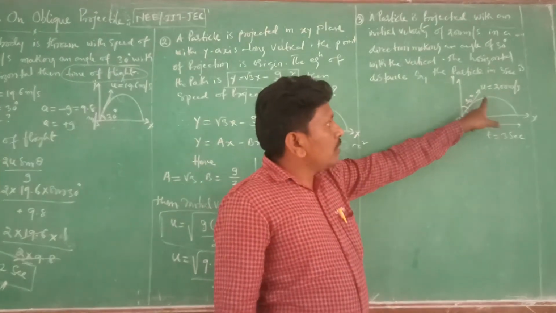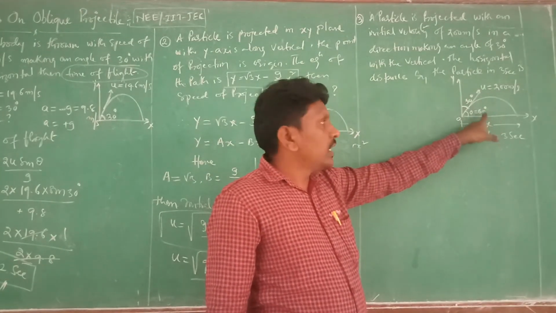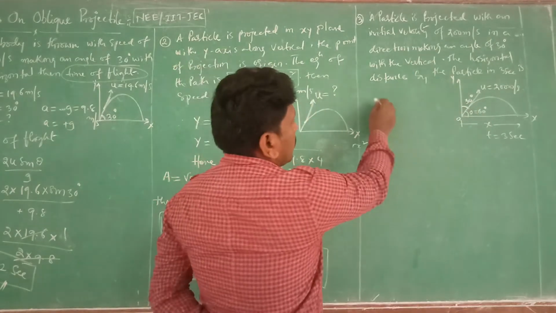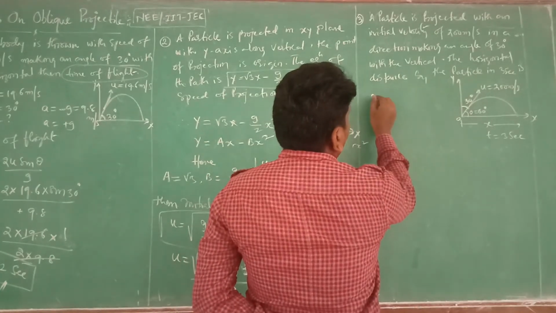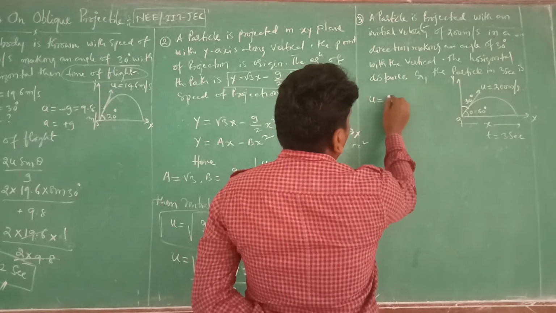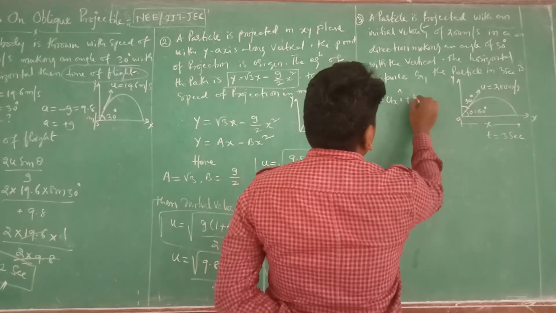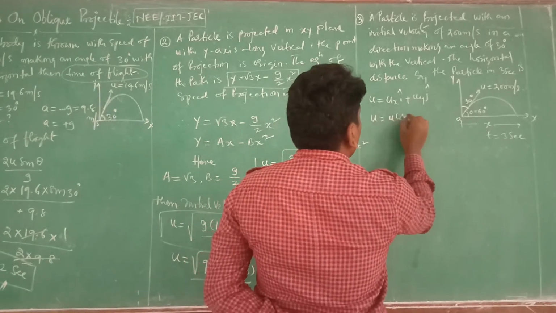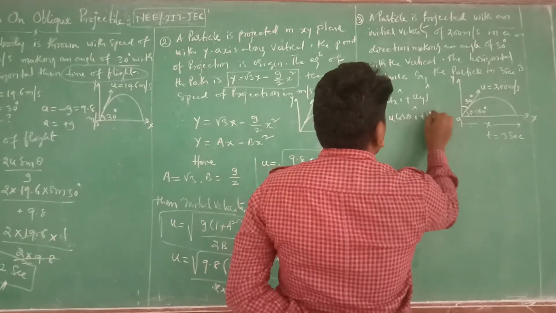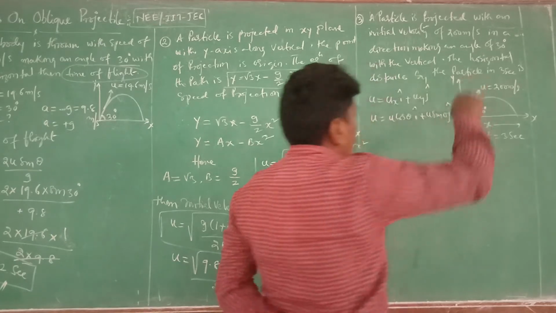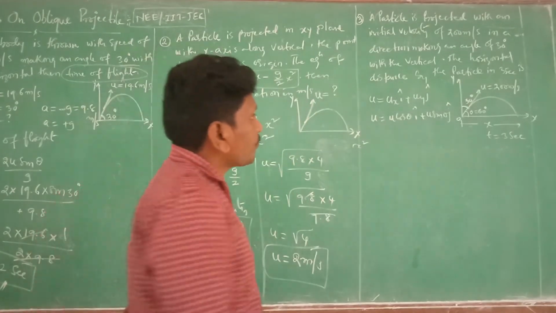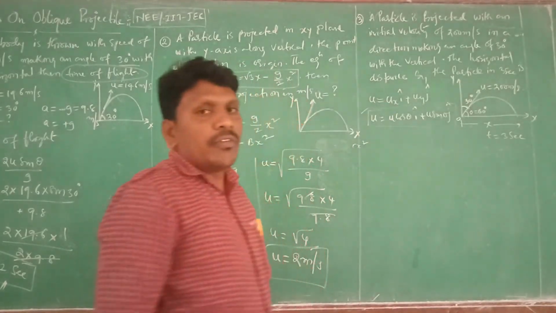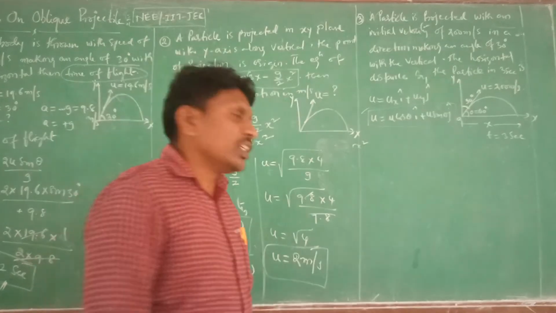This is the angle between the initial velocity and the horizontal. What is given? 30 degrees is given, that is with the vertical. So u equal to ux i cap plus uy j cap. We know that u cos theta i cap plus u sin theta j cap. This is the velocity in vector form.